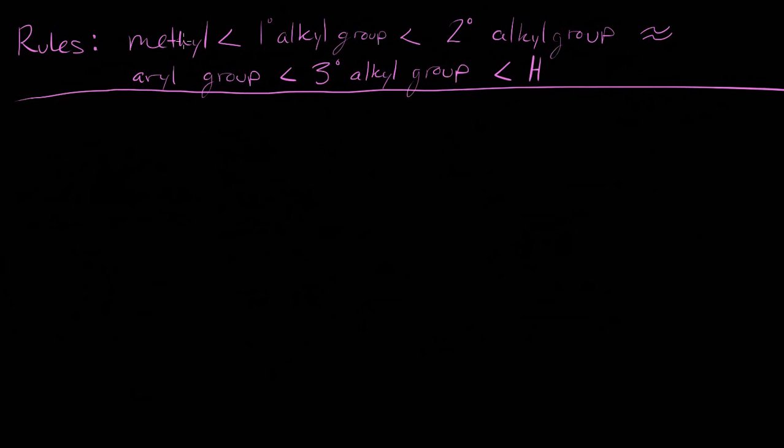And abiding by this rule, saying that methyl will shift unless there's a primary alkyl group, and then a primary alkyl group won't shift if there's a secondary, and so on, and you can get the idea.